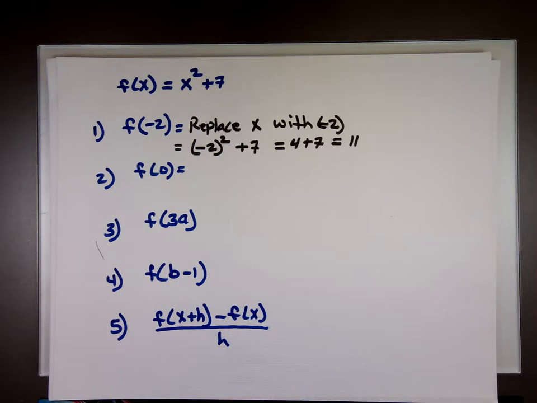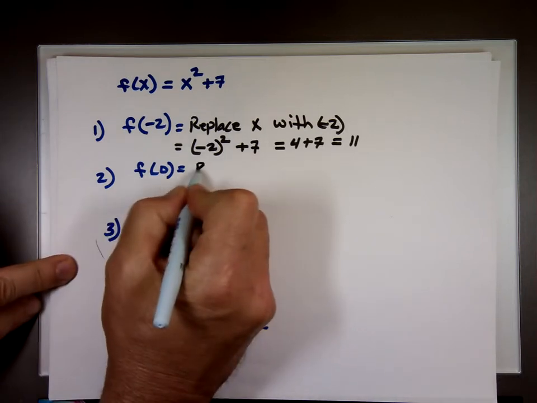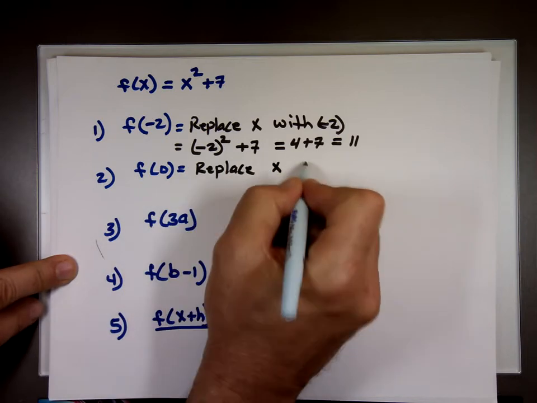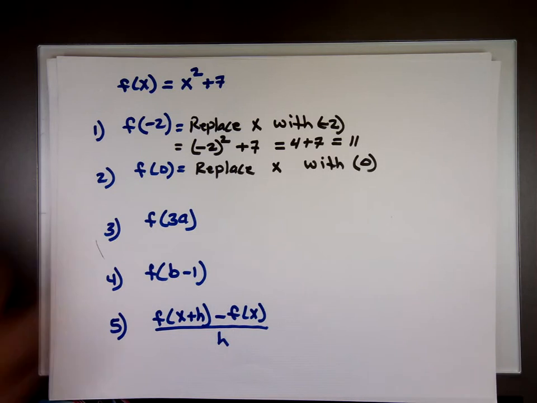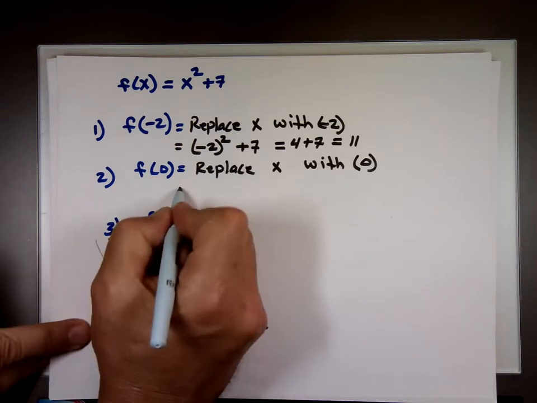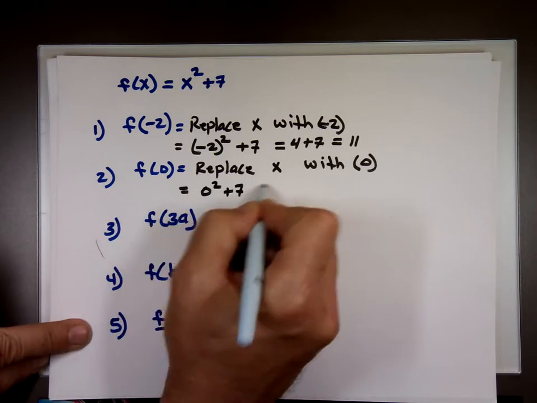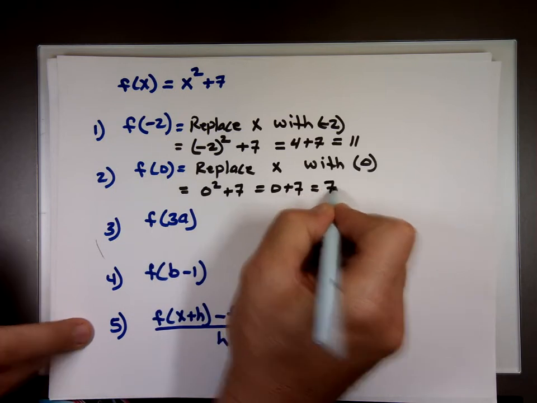What is f of 0 then? F of 0, we're going to replace x with 0, absolutely. If you replace x with 0, you're going to have what? 0 squared plus 7. 0 plus 7, which is what? 7.